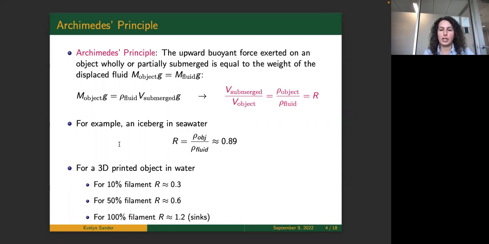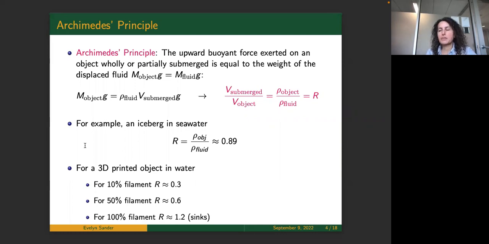An iceberg in seawater, you've heard people state, it's a common thing to hear people state that 90% of the iceberg is below the water line, and that corresponds to an R being around 90%. And that just is saying that the density of the iceberg divided by the density of the seawater is equal to 90%.